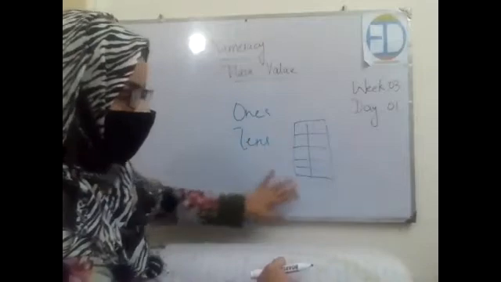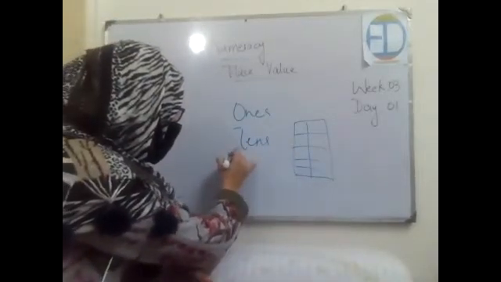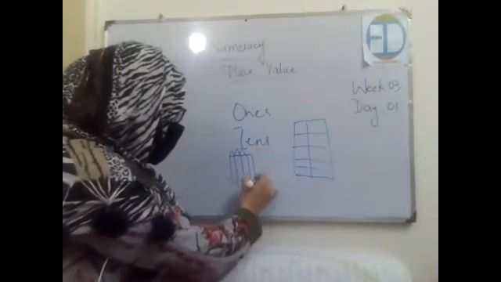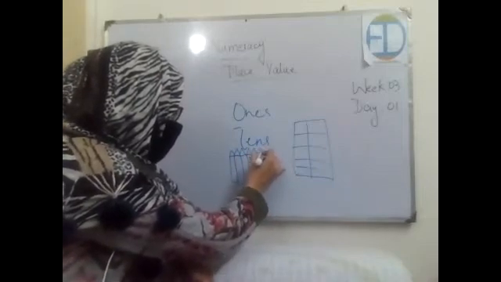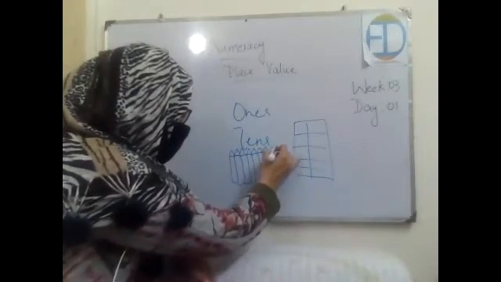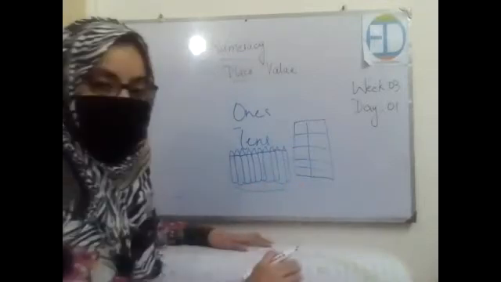It's a bundle of 10. Now let's make a bundle of 10 pencils: 1, 2, 3, 4, 5, 6, 7, 8, 9, and 10. It's a bundle of 10 pencils.